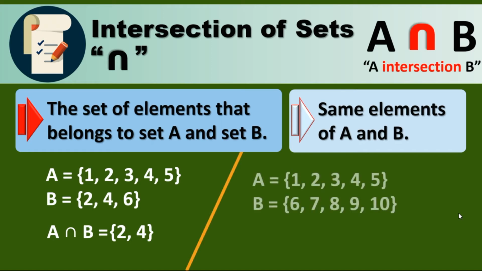Another example, if A contains 1, 2, 3, 4, 5, and B contains 6, 7, 8, 9, and 10, what is A intersection B? It is an empty set. That's because there's no same element of A and B.